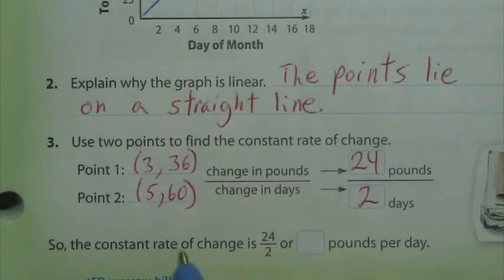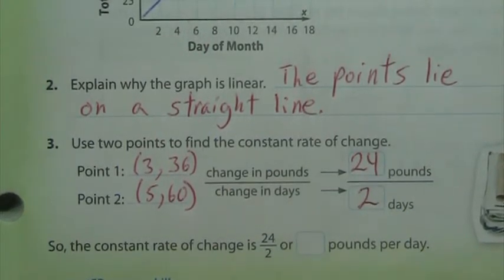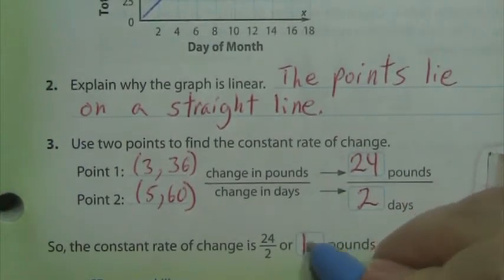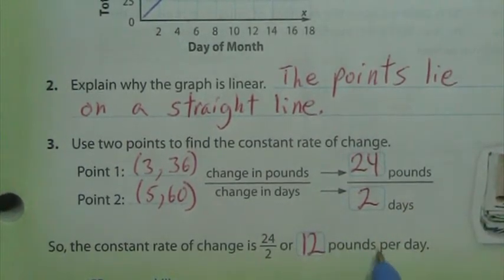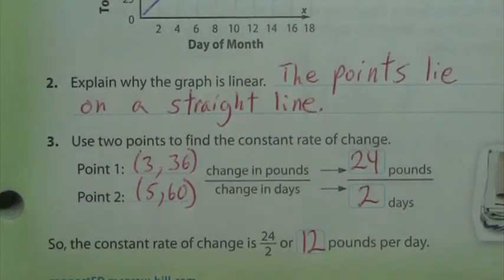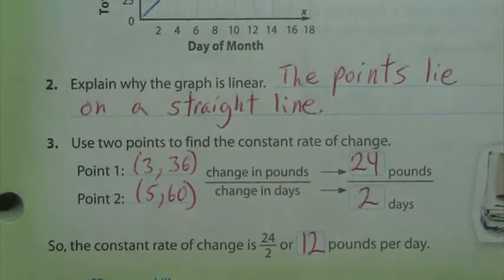So the constant rate of change is 24 divided by 2. Or you could say 2 goes into 24 12 times. 12 pounds per day. That is the constant rate. But we know it also has the name of slope.